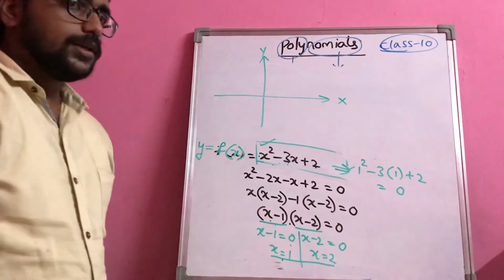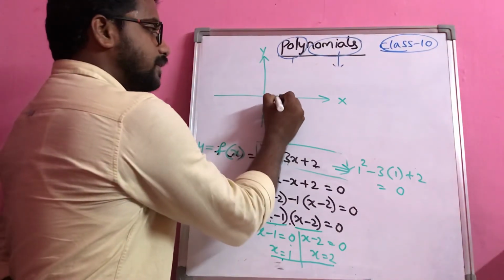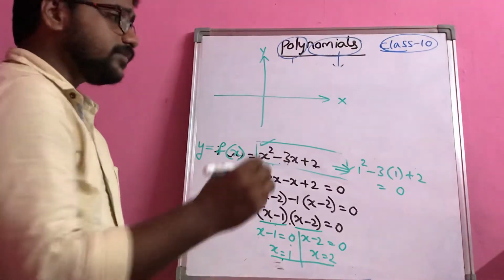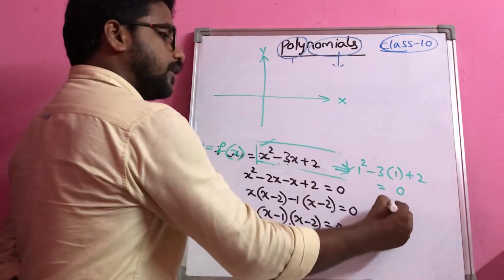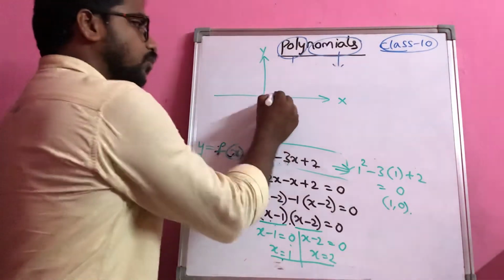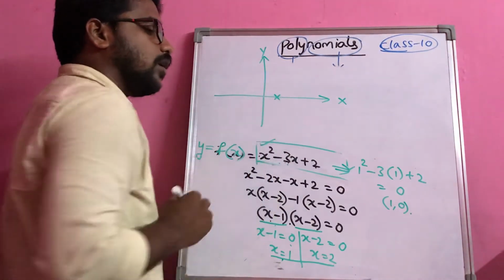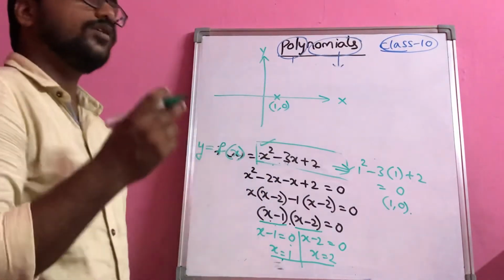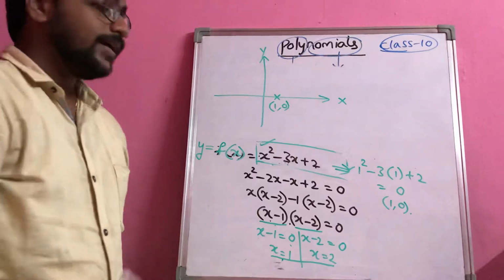So when x is equal to 1, the y value is 0. The corresponding point is 1, 0. So 1, 0 will for sure be on the x-axis, because on the x-axis the y value is 0.